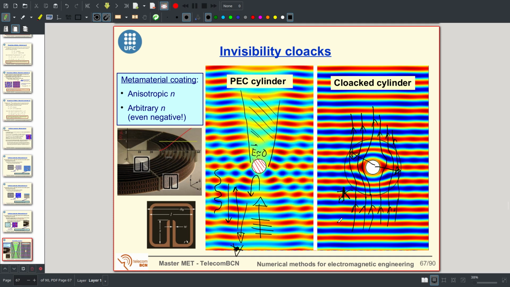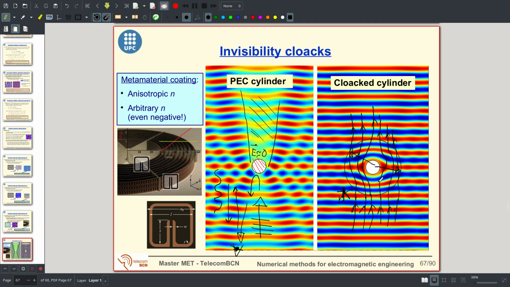There is no reflection, and the overall field, incident field plus diffracted field, the overall field is almost the same as the incident plane wave. So we have cloaked the perturbation of the cylinder, and the cylinder is no longer visible.